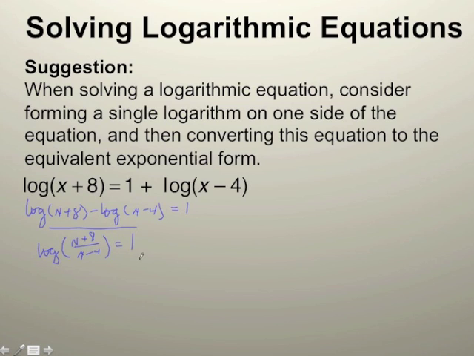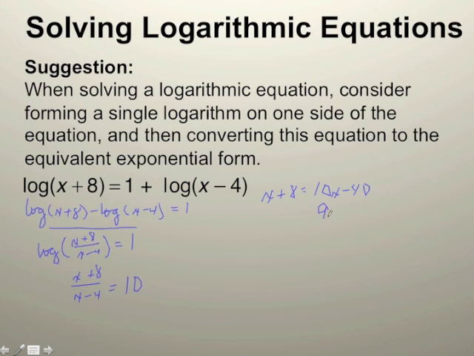Now I've got one log on one side equaling a number. I can change it to exponential form. This is a common log, so the base is 10. So x plus 8 over x minus 4 equals 10 to the 1st, or 10. Either cross multiplying or multiplying by x minus 4, I get x plus 8 equals 10x minus 40.